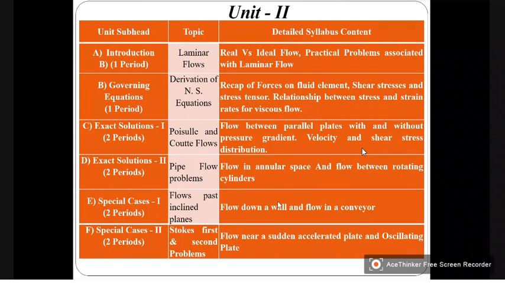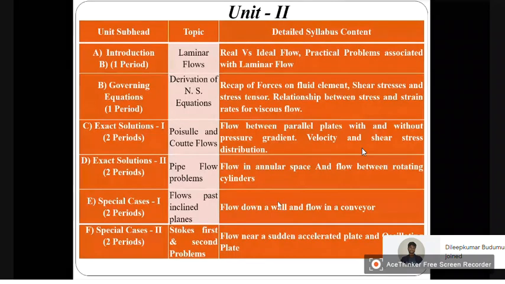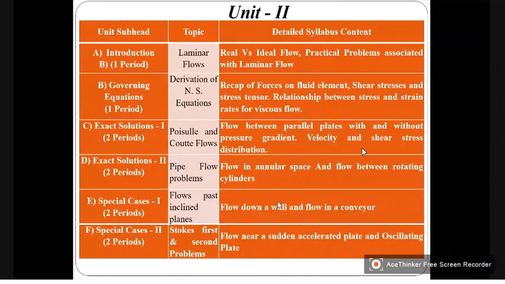Now here what we consider is the most general case where the velocities exist in x, y, z directions. So there will be deformations in x, y, z directions, which causes strains in all the three directions, and which further leads to shear stresses. So this aspect we will consider.